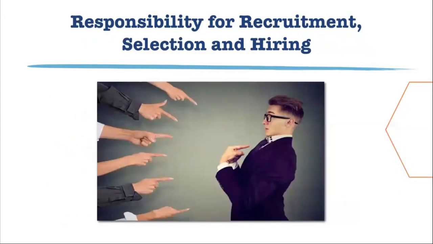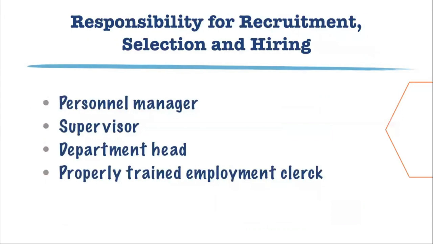Now, who is responsible for recruitment, selection, and hiring? Depending on the size of the agency, the person responsible for this function could be the personnel manager, the supervisor, the department head, or a properly trained employment clerk.